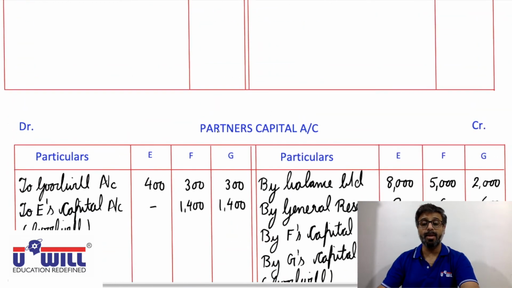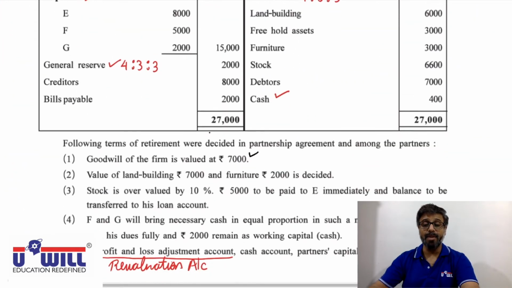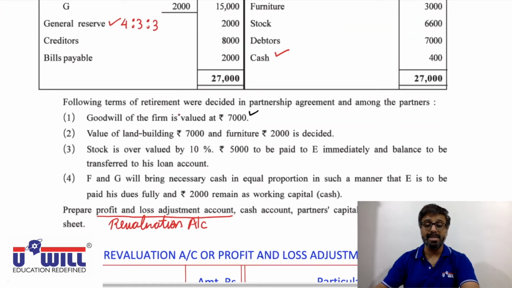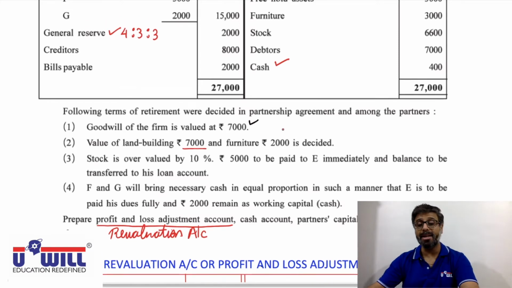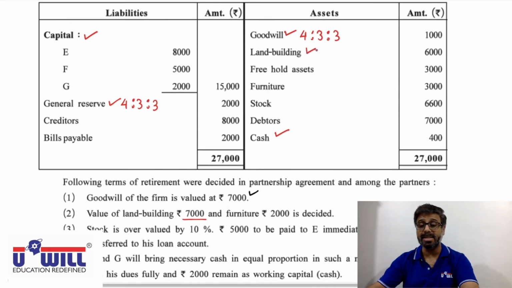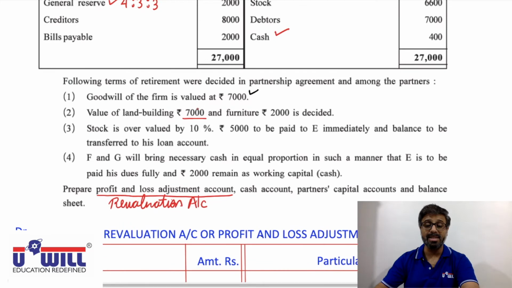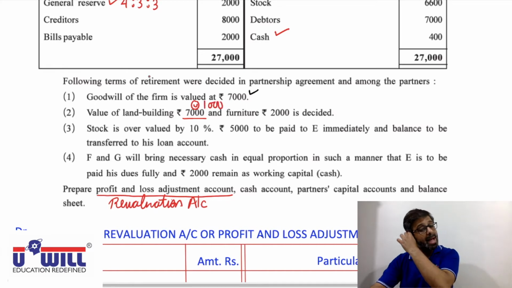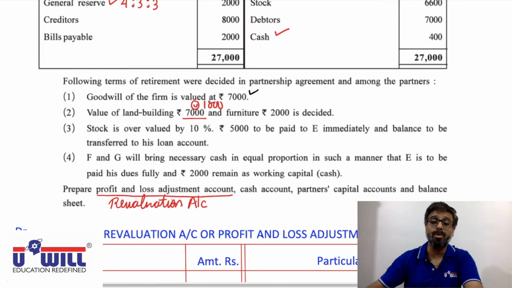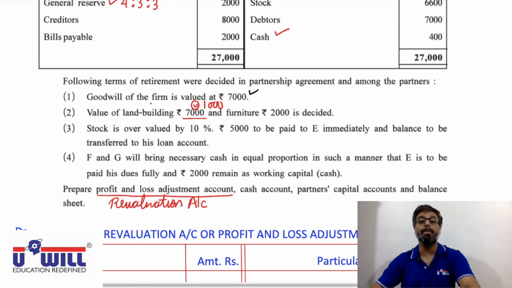Okay, now next adjustment. Value of land and building is 7,000. Now in the balance sheet put a tick on land and building, it is 6,000. Now its value is 7,000, means we should be happy. It is increasing by rupees 1,000, a profit of 1,000. So happy means credit revaluation account, and what you will debit is land and building account.